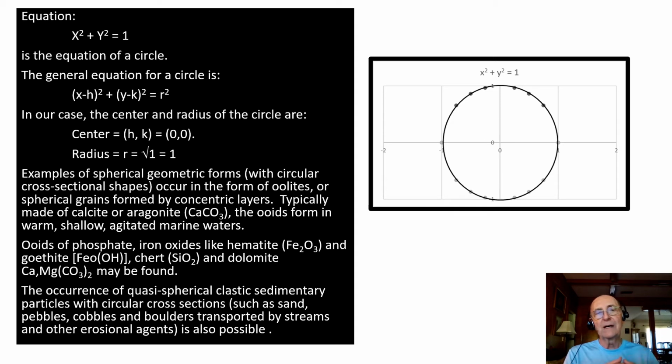Examples of geometric forms with circular cross-sectional shapes occur in geological features such as oolites, or spherical grains formed by concentric layers. Oolites are typically composed of calcite or aragonite, in other words, calcium carbonate.